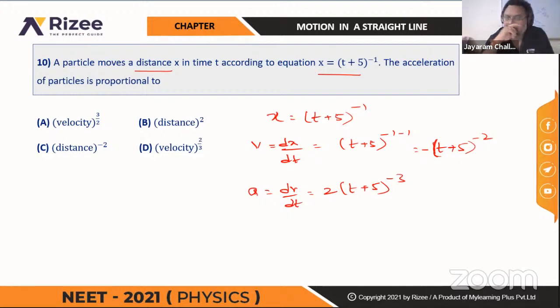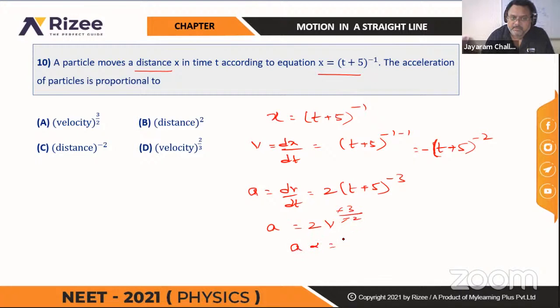Okay, so from here I can replace this one as t plus 5 is equal to v to the power of 1 by 2, or minus 1 by 2. So if I replace this here, a is equal to 2 into v to the power of minus 3 by 2, this will be cancelled.